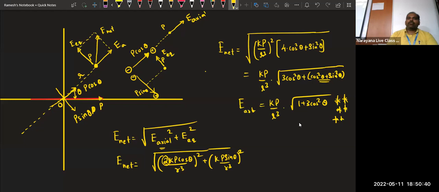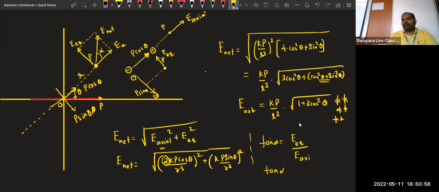And what about the direction of the net electric field? It makes an angle alpha with the axial electric field. So tan alpha equals opposite side, the equatorial electric field, by adjacent side, the axial electric field.